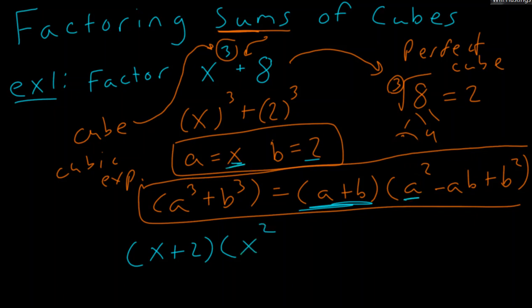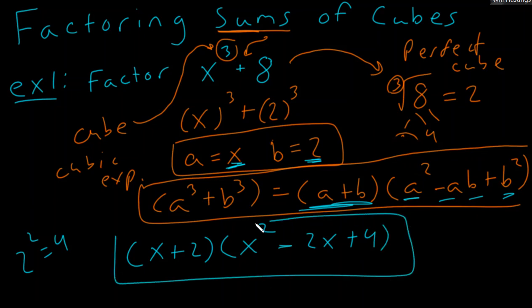What is x squared? It's x squared. That's easy. You will always write this minus sign, and then from there, we're going to write a times b, or x times 2 is 2x. And lastly, we have b squared. Well, our b term is 2, so what's 2 squared? Well, 2 squared is equal to 4, so plus 4.